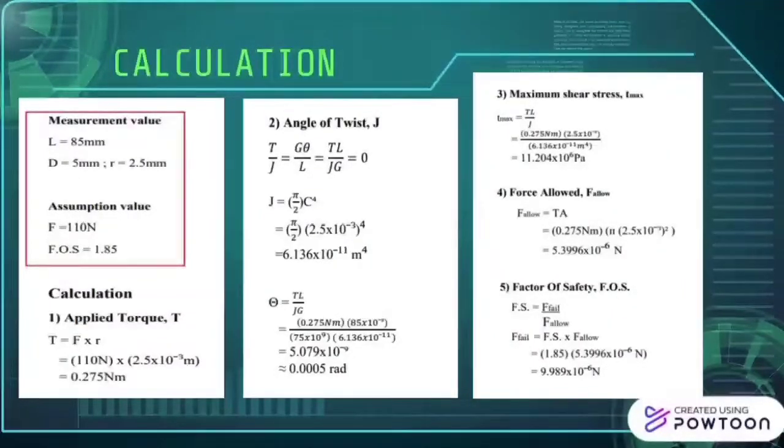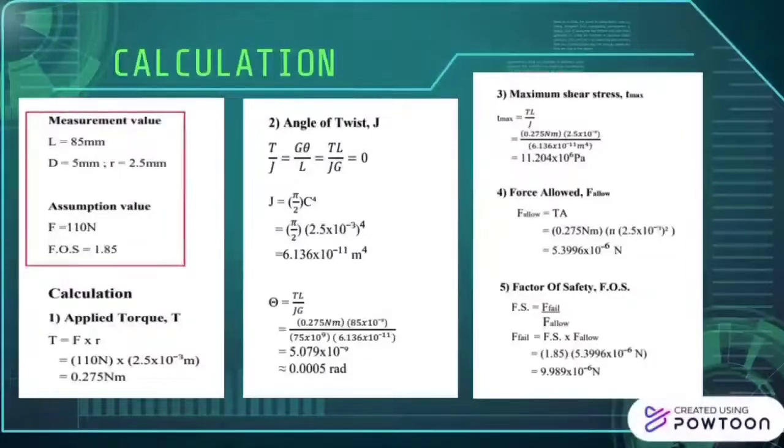For the maximum shear stress, we use the formula torque times radius divided by polar moment of inertia, which is 0.275 Newton meter times 2.5 mm divided by 6.136 times 10 negative 11 meter power of 4, and the value is 11.204 times 10 power of 6.